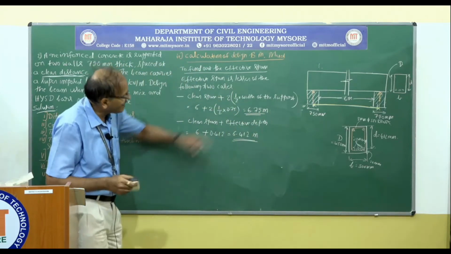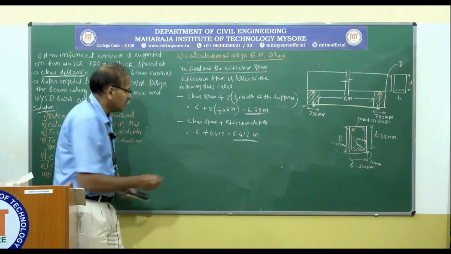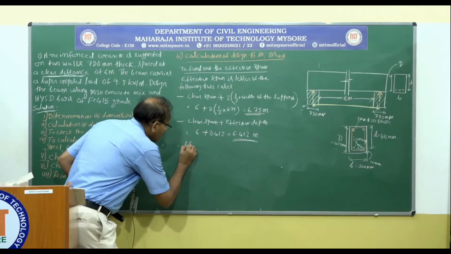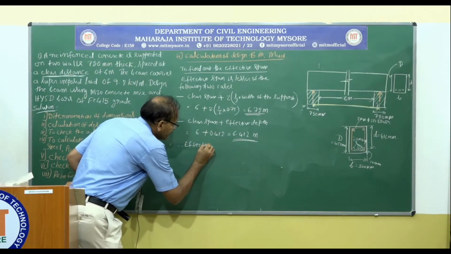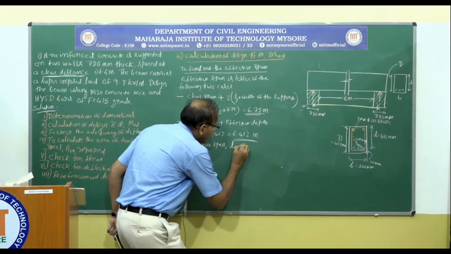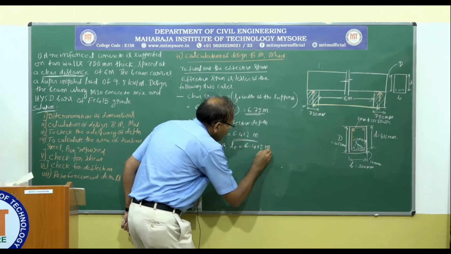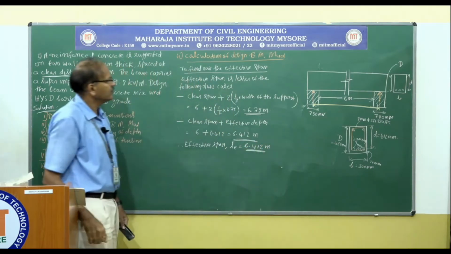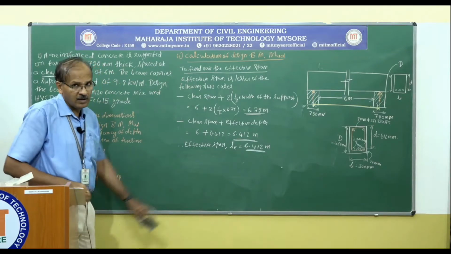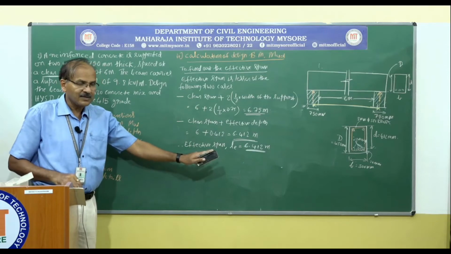The code says take lesser of those two values as the effective span. Therefore, effective span LE equal to 6.412 meter. Okay. So this is the effective span that is calculated.